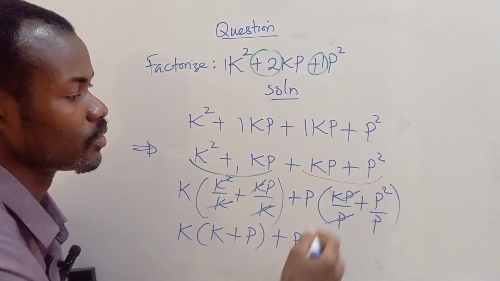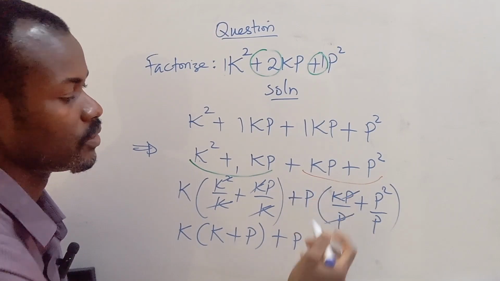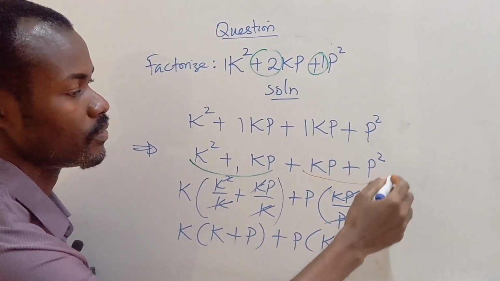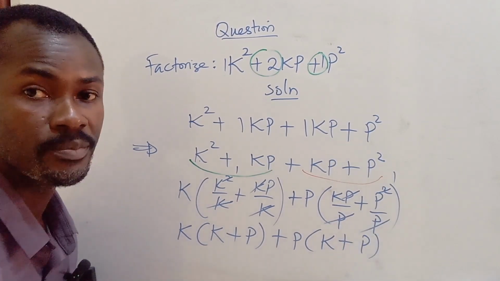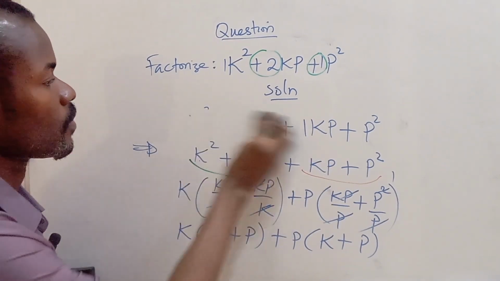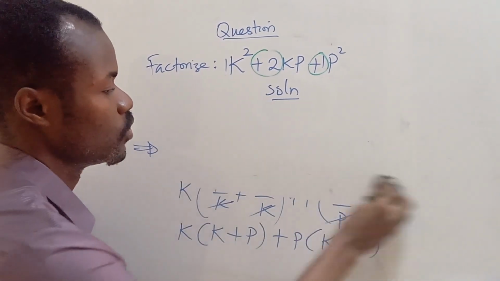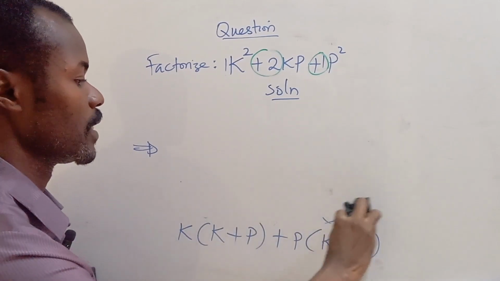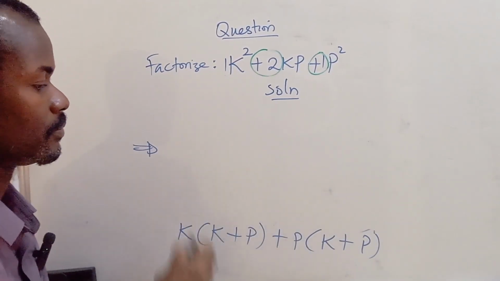So p will cancel this p, so we are left with k plus p will cancel one of these, so we are left with just 1p. From this, we can now factor one more step and we're at our final answer.